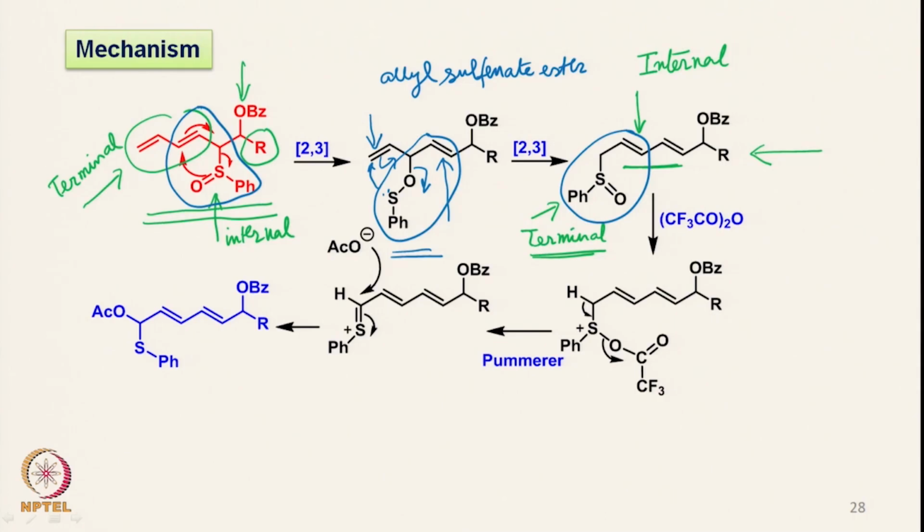Now this terminal sulfoxide, when it is treated with an electrophile like trifluoroacetic anhydride, allows the Pummerer rearrangement to take place. If you recall the Pummerer rearrangement, we had discussed it earlier, and here there is a proton which is expected to trigger it.